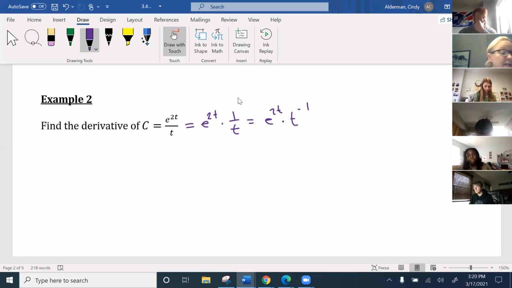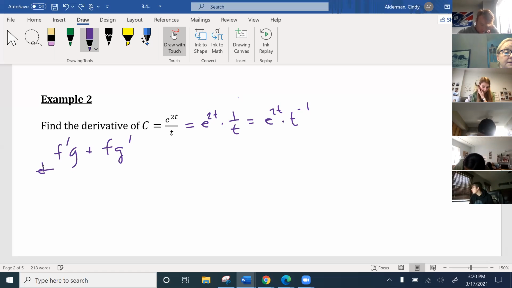Okay, so we're going to take f prime g plus f g prime. So f prime, I'm going to write it out the long way. You guys do not have to, but I just want you to remember what f prime means.